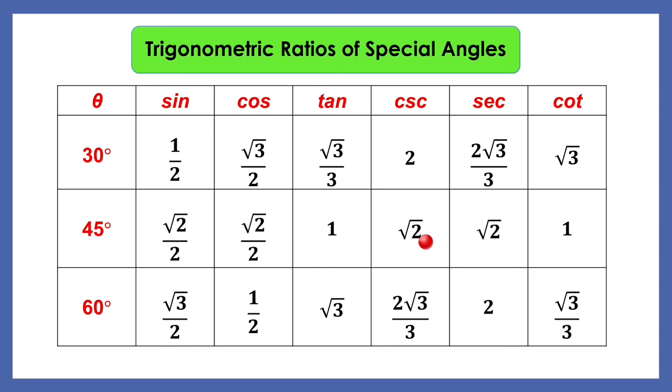Meanwhile, ang cosecant 45 degrees and secant 45 degrees ay parehas na square root of 2. And lastly, tangent 45 degrees and cotangent 45 degrees, ang ratio nila ay parehas na 1. So, madali lang natin siyang maisa-ulo. Let us now apply these concepts in simplifying expressions.